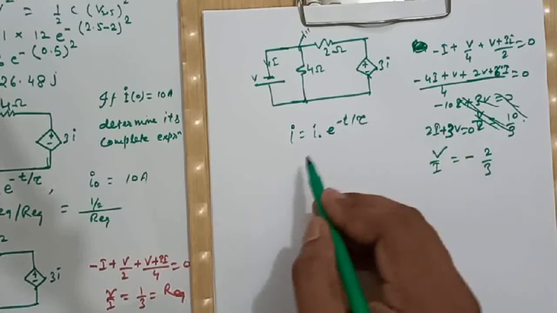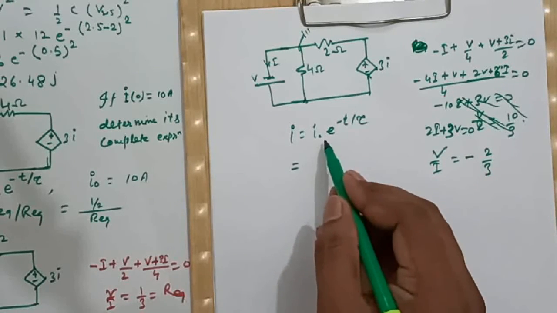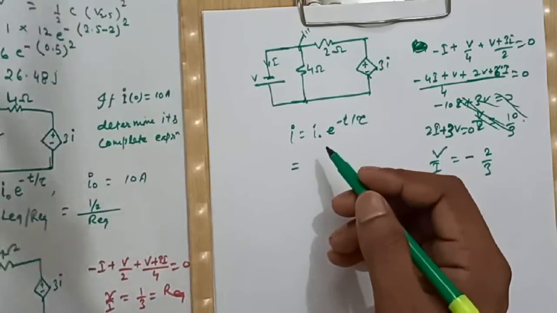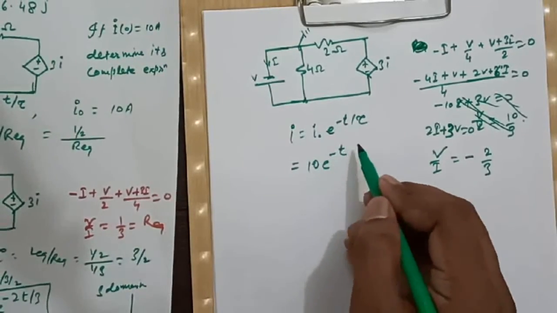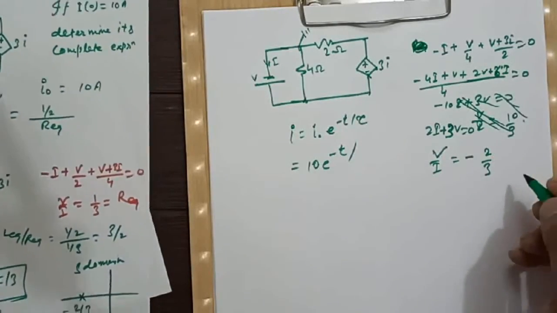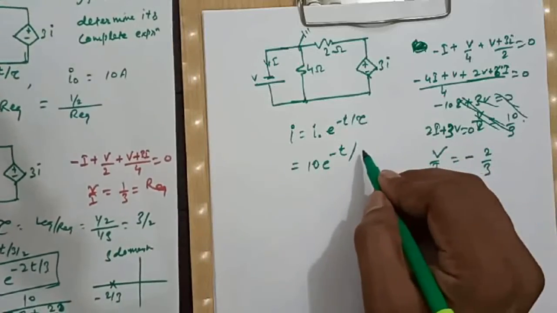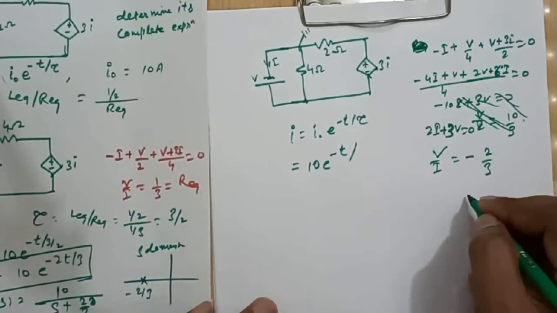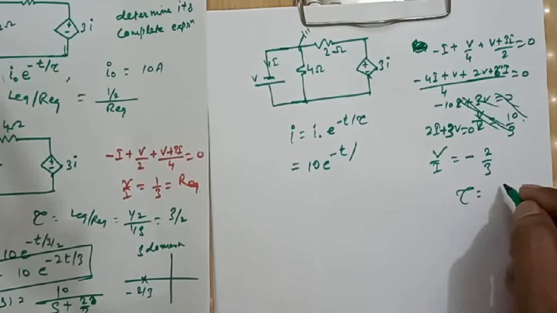Now the current expression will be I naught e to the power minus t by tau, where our I naught was 10 ampere. Tau is L by R equivalent.